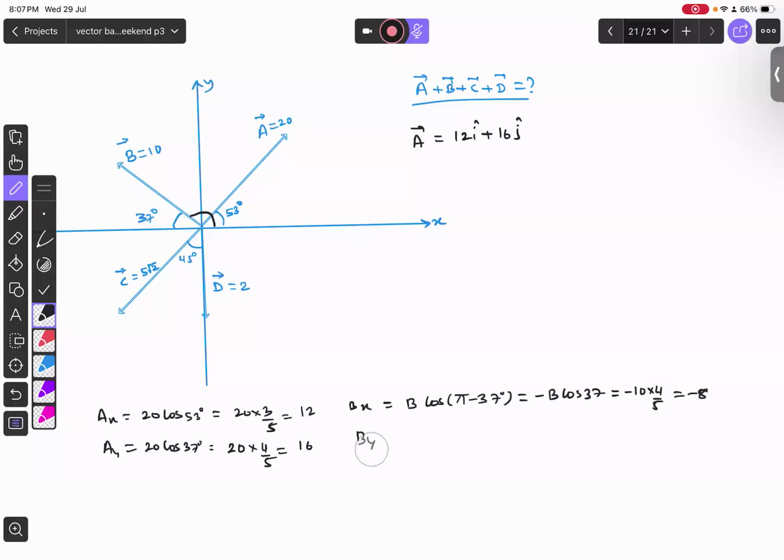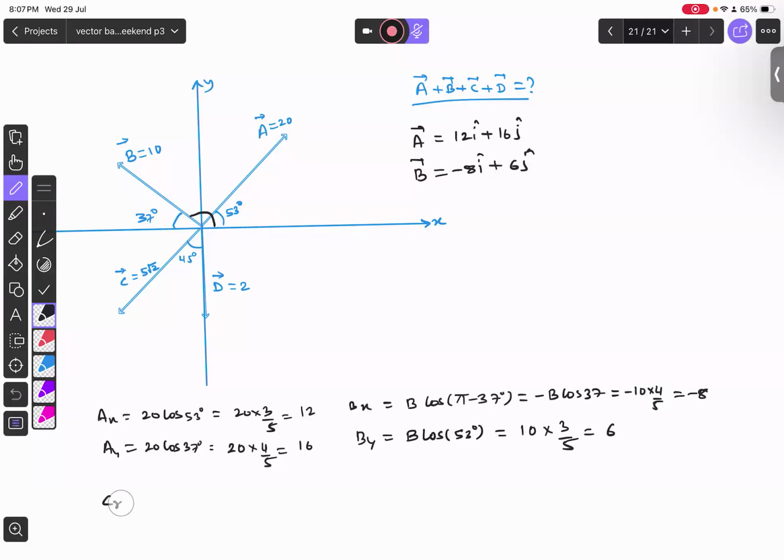The Y component of the vector B will be B cos 53, because its angle made from positive Y is 53. So 10 into 3 by 5, that is 6. So vector B is minus 8 i cap plus 6 j cap.